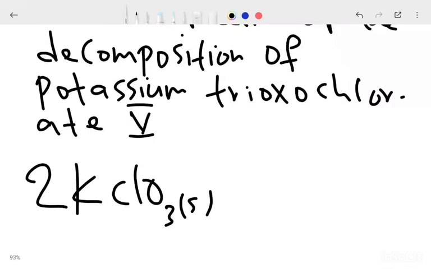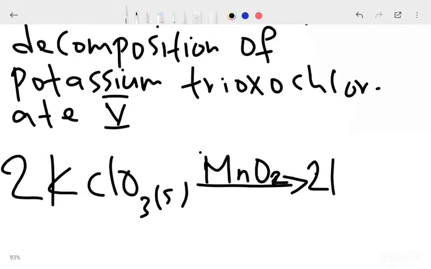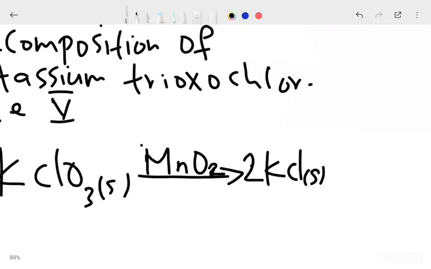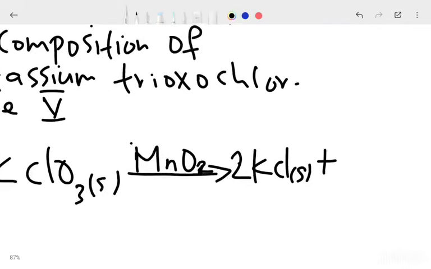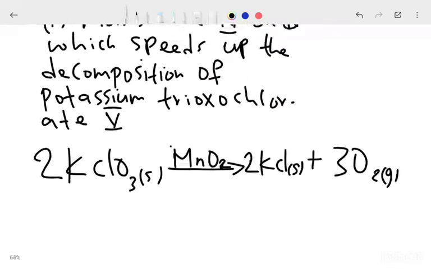This is a solid, manganese(IV) oxide. This is 2 at the downside, 2 potassium chloride, this one is solid, plus oxygen, which is gas.